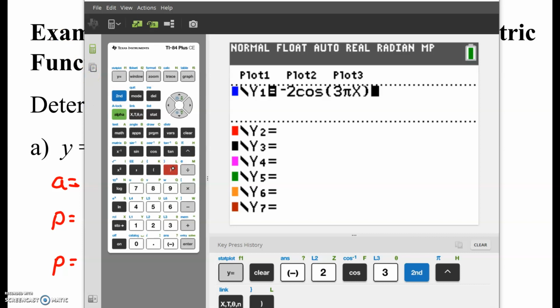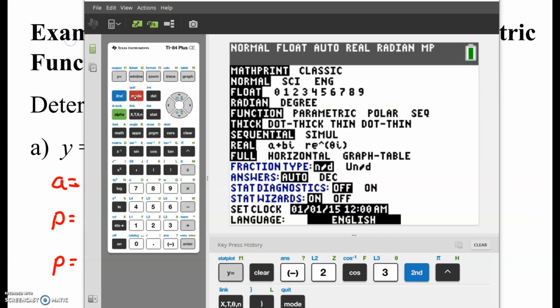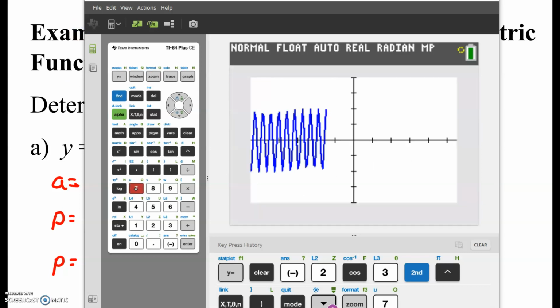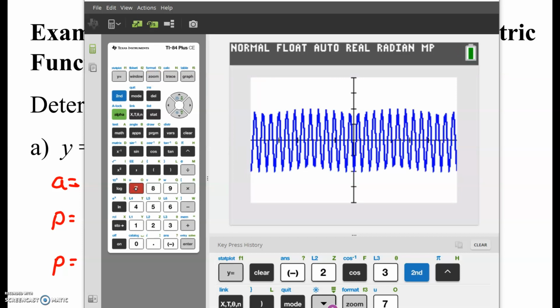And I want to make sure that I am in radian mode, which I am. We're in radian mode right there. I am going to graph this using the zoom trig, which is option 7. And there's what the graph looks like.